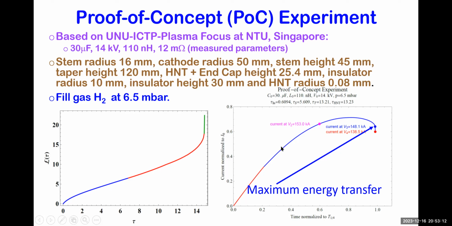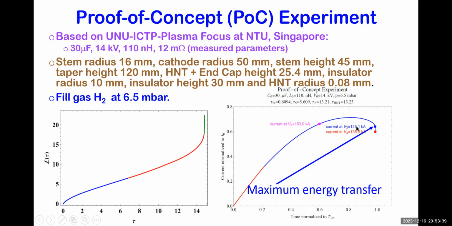Now, this device is designed from this theory so that there is a maximum energy transfer when the plasma reaches the end of the taper, just before it begins to slide over the HNT. Its energy in the dynamic inductance is maximum.